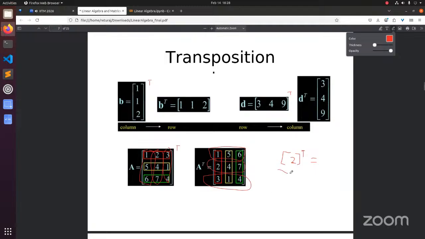What is the value of this? How many of you feel like the answer should be this? It should not change. It will remain the same. So whether you apply transpose, it still remains the same.